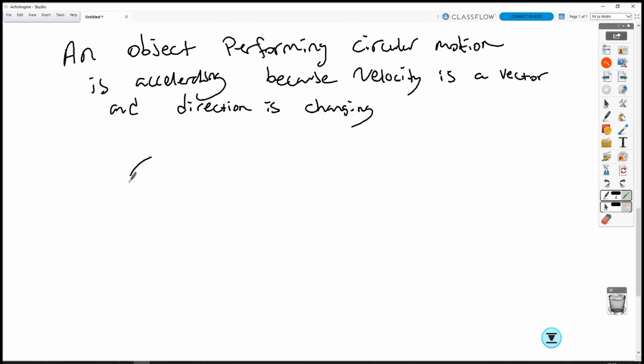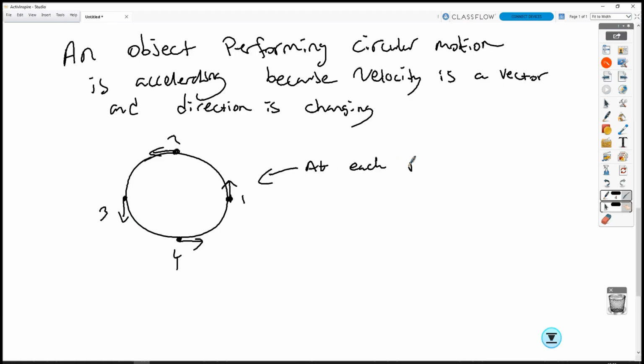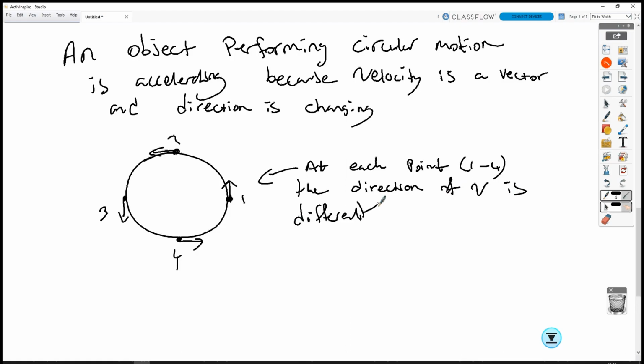We can show that with a quick sketch. So here's a circle, and here's an object doing circular motion. At each point, 1 to 4, the direction of v is different, which means that it's changing.